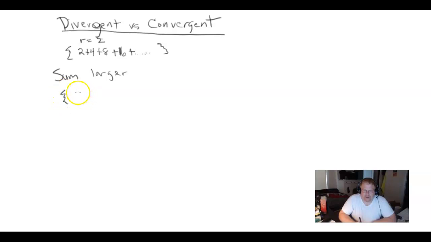Let's try 4, 2, 1, a half, a fourth, an eighth, and so on. Oops, I need to put plus signs here. I always forget that. I don't know if you can read that, so let me just rewrite it again.